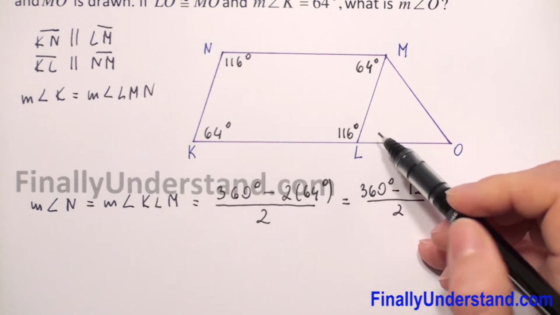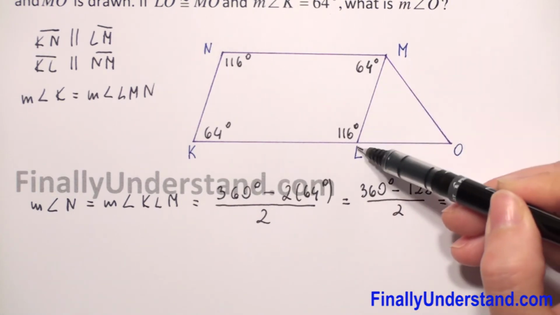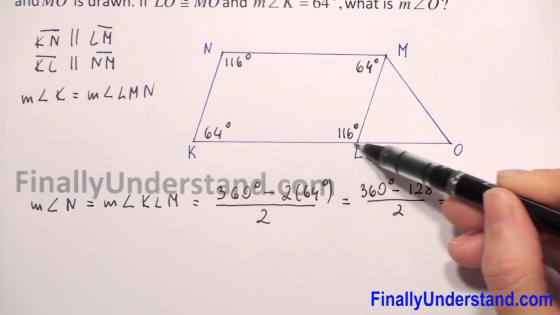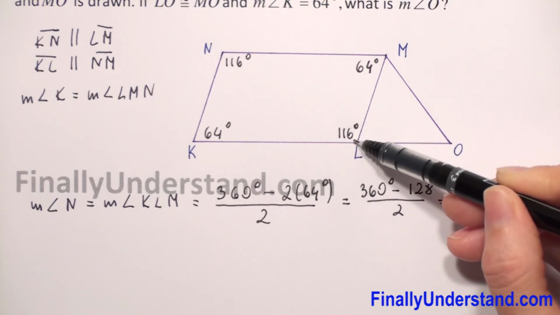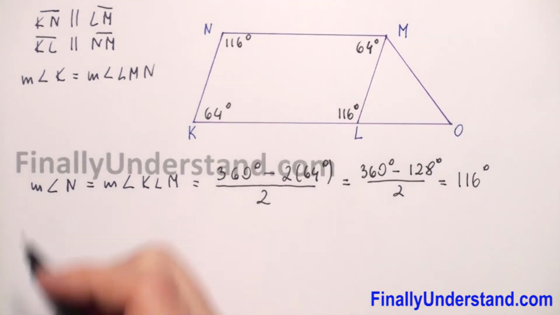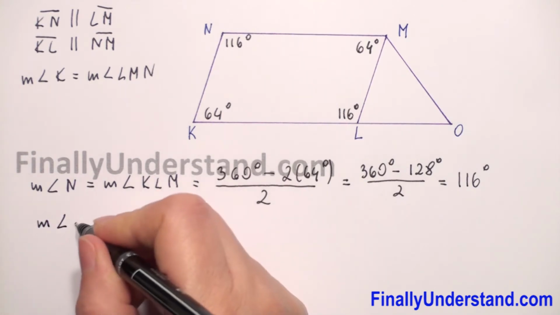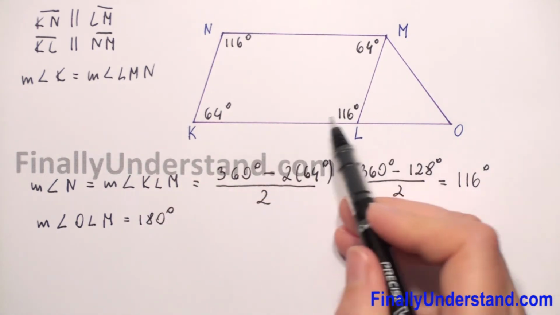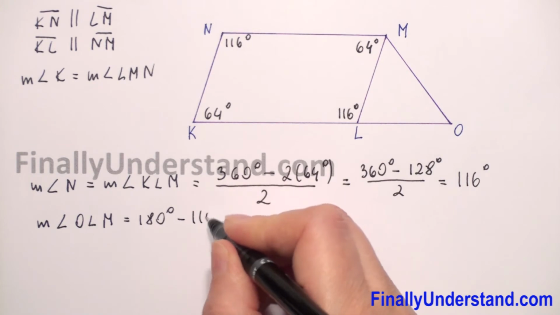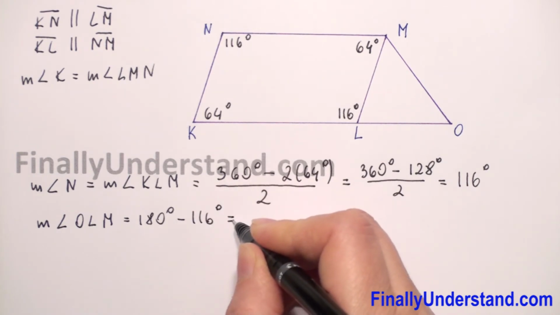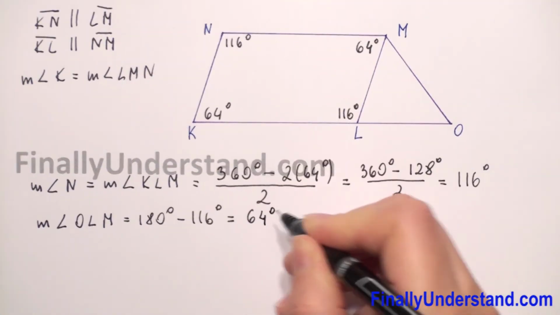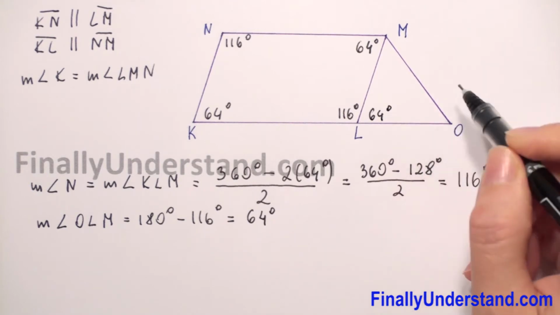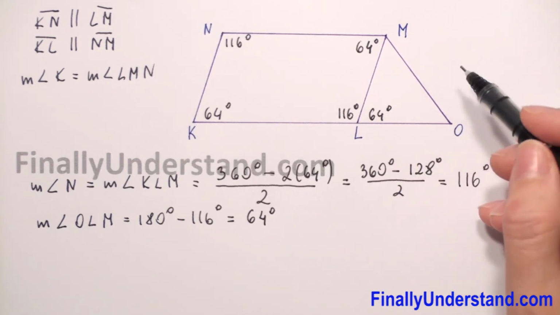To find the measure of angle MLO, we have to subtract 116 degrees from 180 degrees, because we have a straight angle here. So the measure of angle OLM is equal to 180 degrees minus 116 degrees, which is equal to 64 degrees.